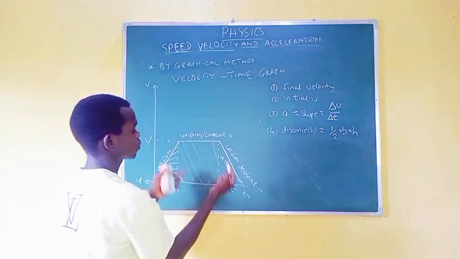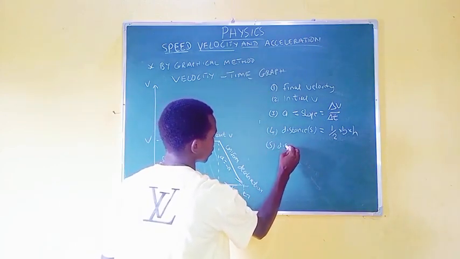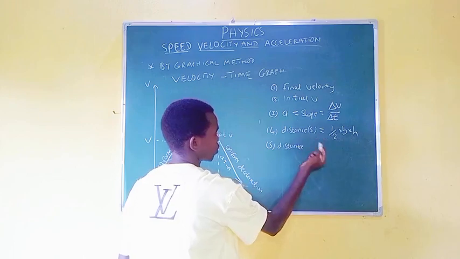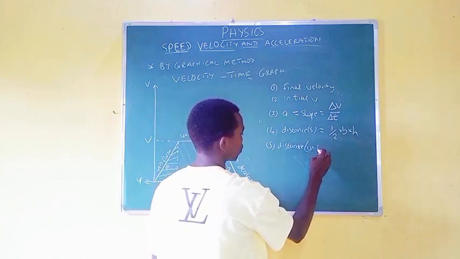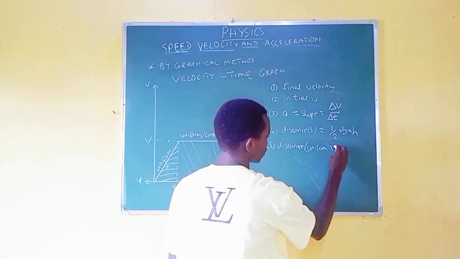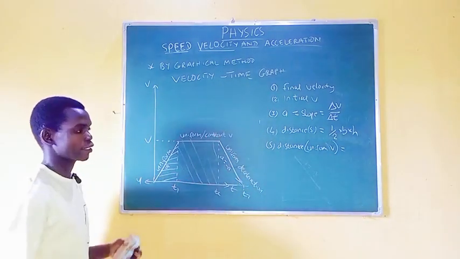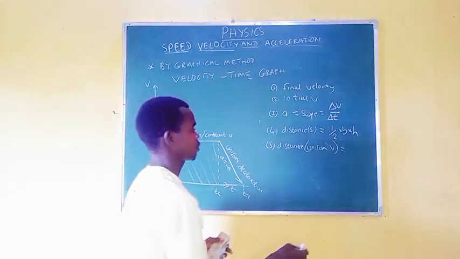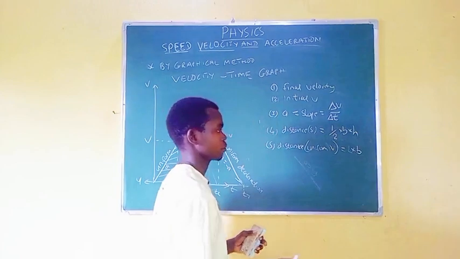Distance covered by the uniform velocity will now be, if you look at the shape, it's a rectangle, length times the breadth.